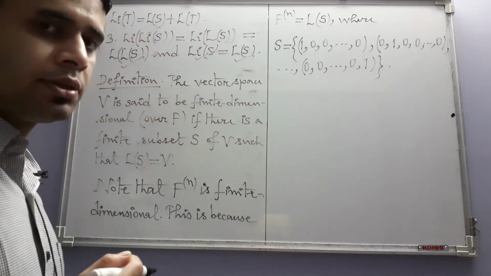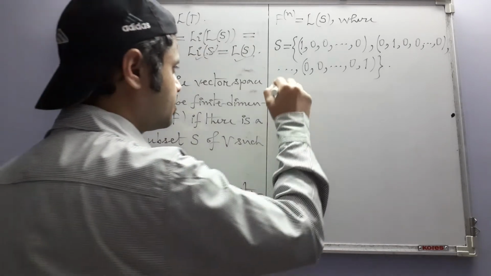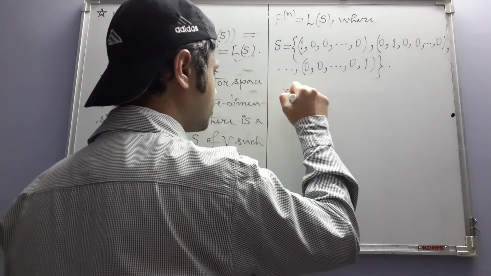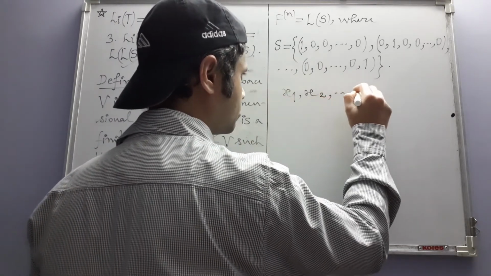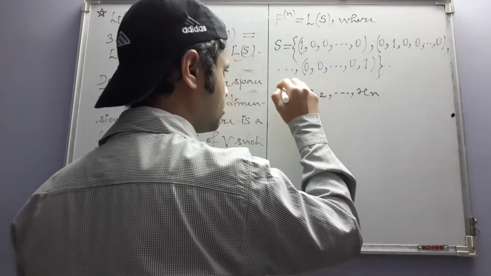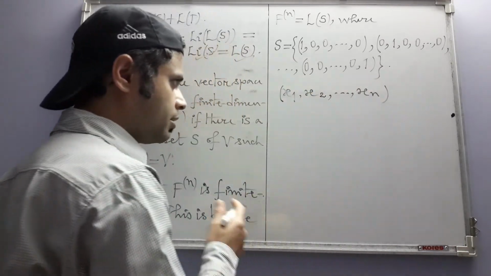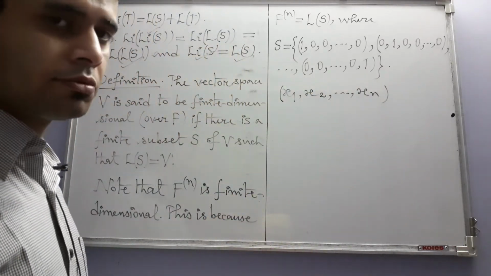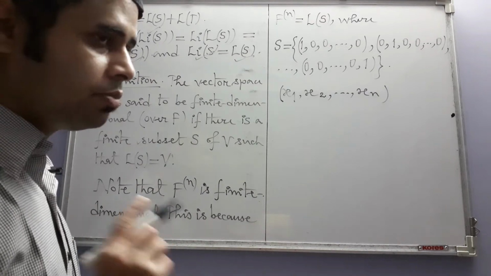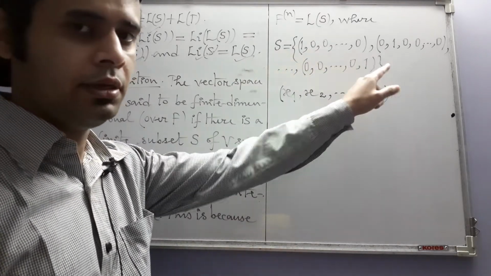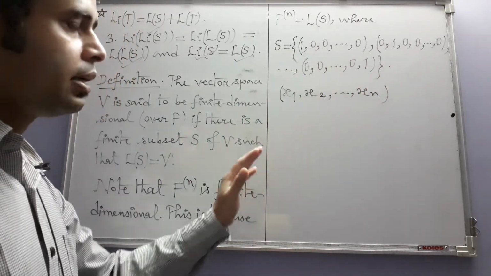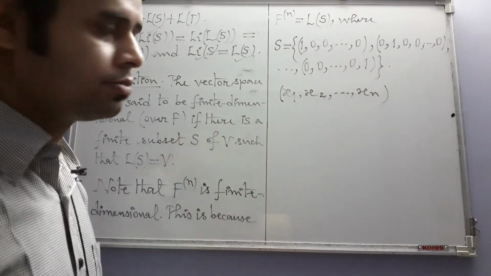It's an n-tuple of field elements, so it will look like this, where the xi's are of course coming from the field F. Keep one thing in mind, that these ones and zeros that you see here are not necessarily real numbers 1 and 0.